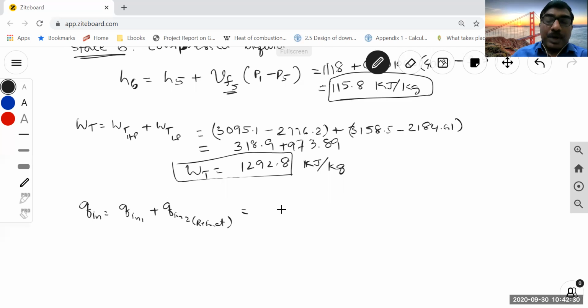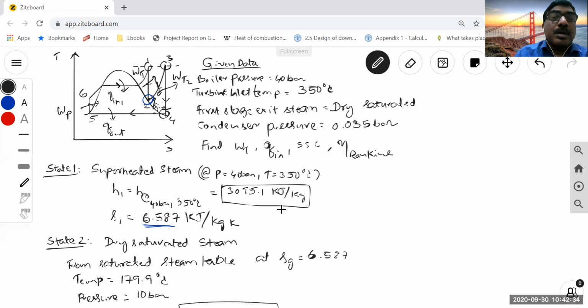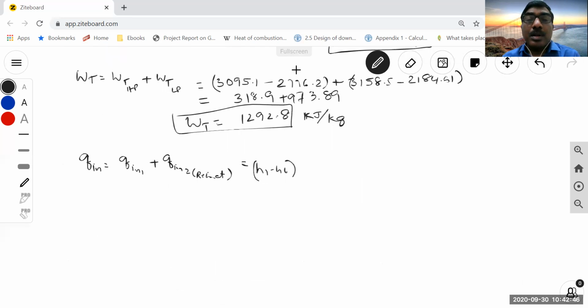So Q in 1 is equal to H1 minus H6, plus H3 minus H2. So you have all the values.